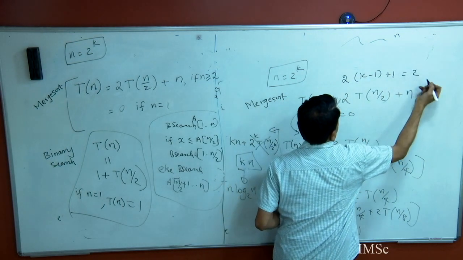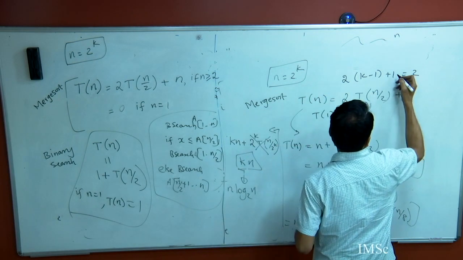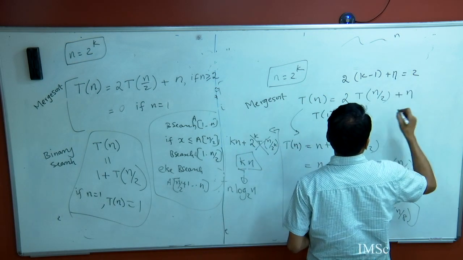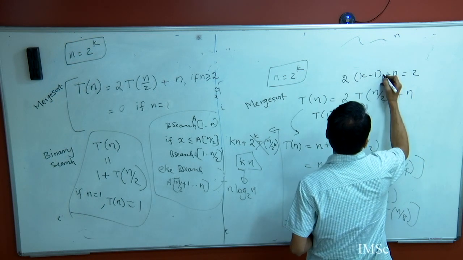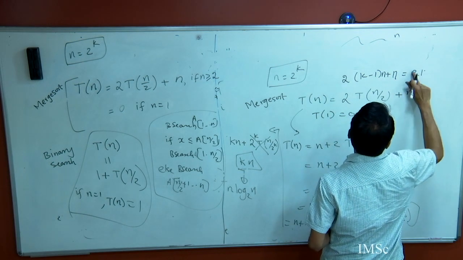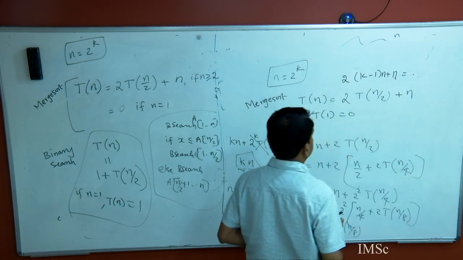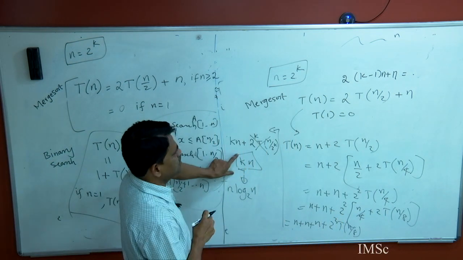So this will be 2k. No, sorry, plus n, right, 2 times k minus 1 times n plus n. So my claim is it is nk.